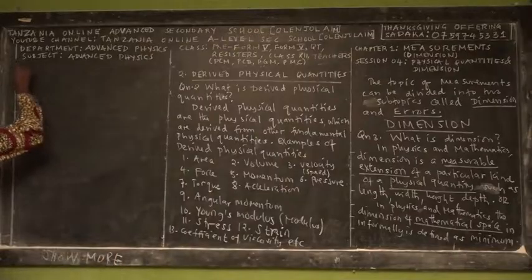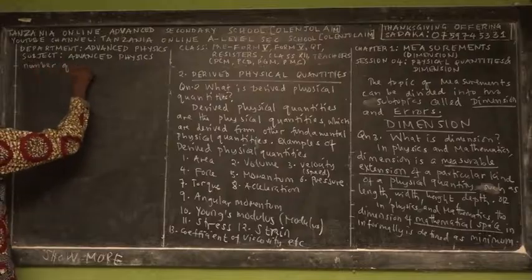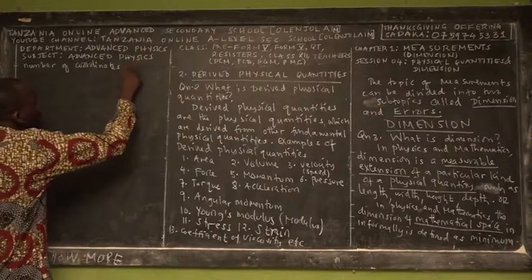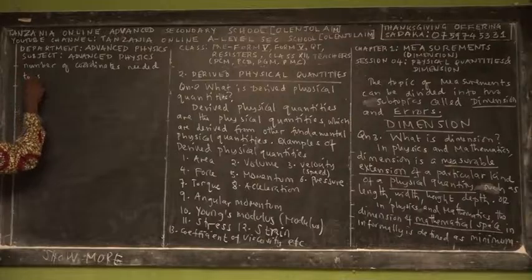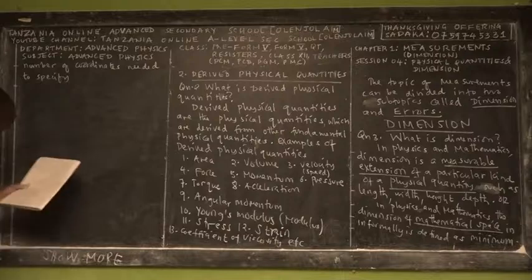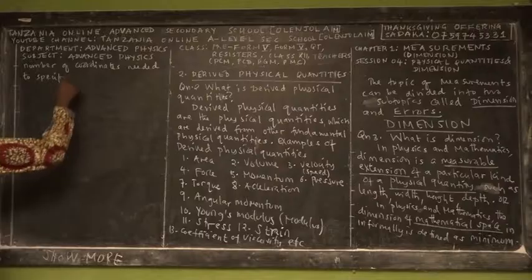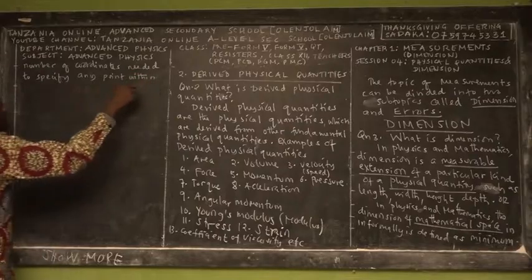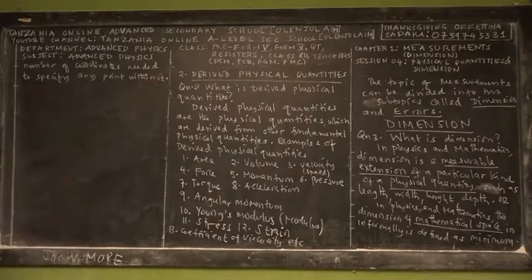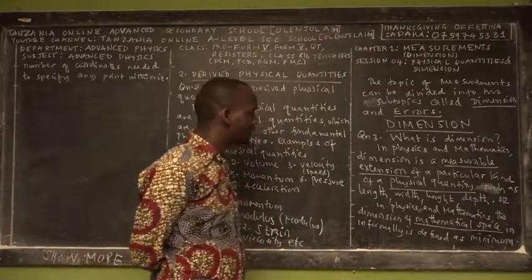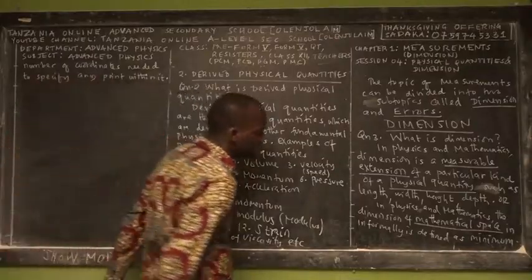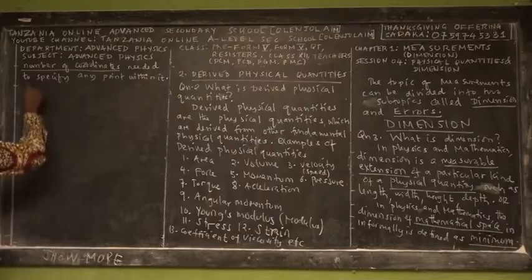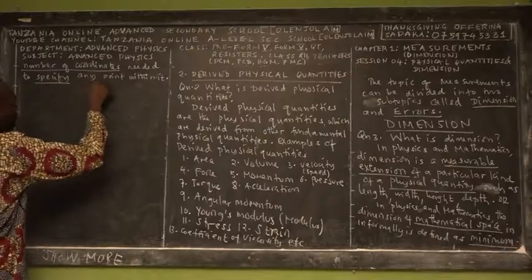So, a minimum number of coordinates needed to specify any point within it. That is the definition of dimension. So in physics and mathematics, the dimension of a mathematical space is informally defined as the minimum number of coordinates needed to specify any point within it.